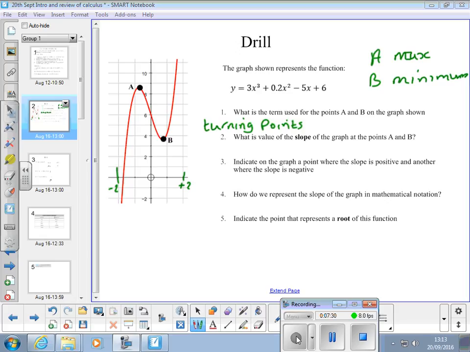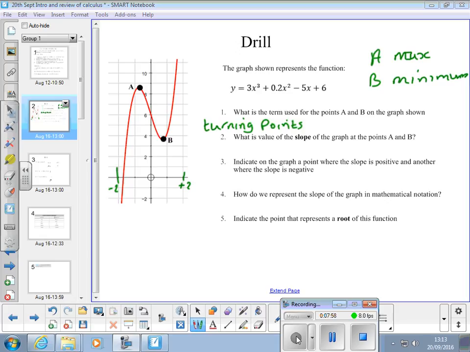Okay? And part of the work that you can do with differential calculus is find these maximum and minimum points of interest. Okay? So, second question, what's the value of the slope at those 2 points? Did you say that, David, or Curtis?